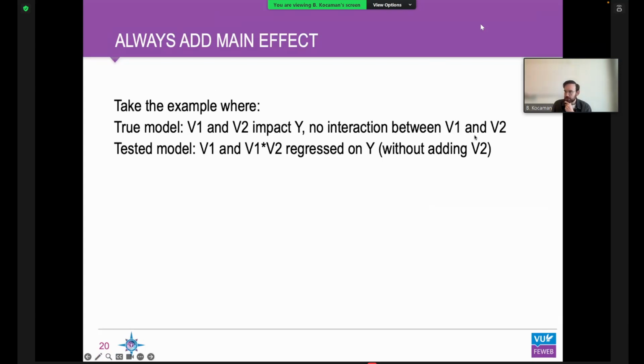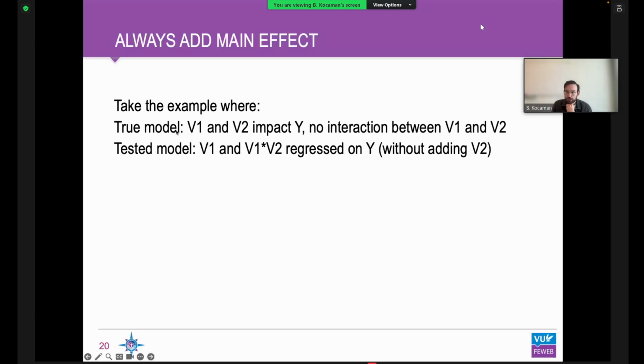This is an example where the true model, the correct model in the population, is that variable 1 and variable 2 both have an impact on y, but there is no interaction between variable 1 and 2, so there is no moderation effect.